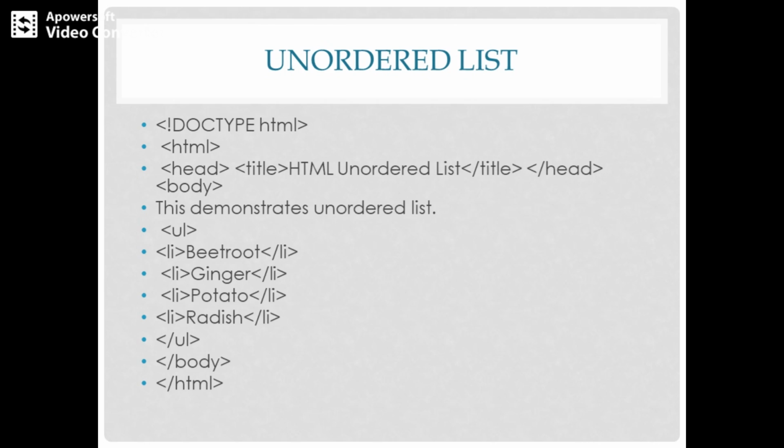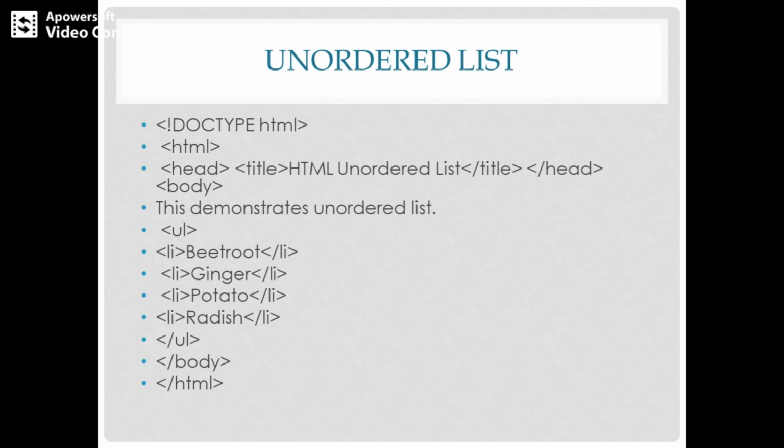This must be displayed in the browser's top window. Next, the main content in the web page is this demonstrates unordered list. This should be the first statement in the web page, followed by the list of items which are represented in bullets.